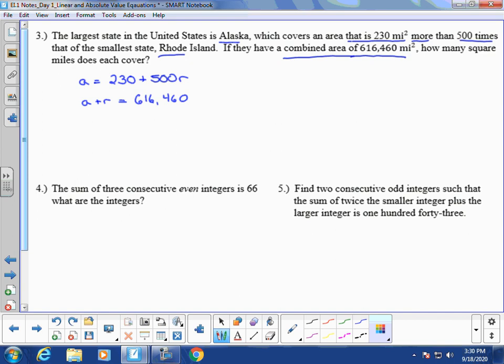But we know what A equals. An expression, not a value. But I can replace A with that expression. So I can get rid of A and actually make this 230 plus 500R to replace the A, then plus R that's still there, equal to 616,460. Now this is an equation that we can solve because we have a single variable.